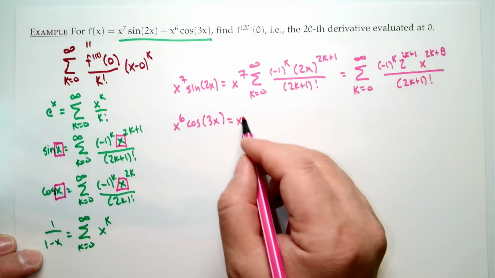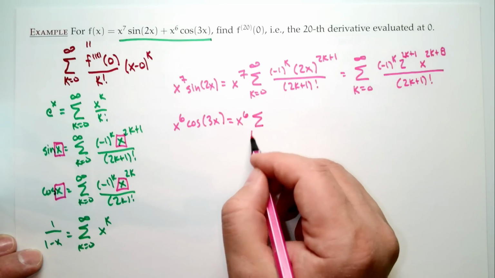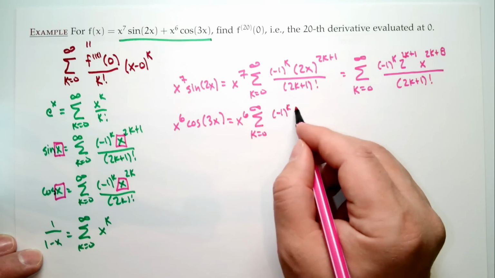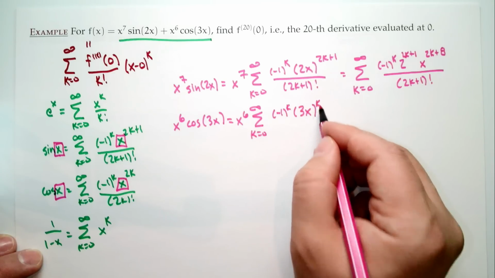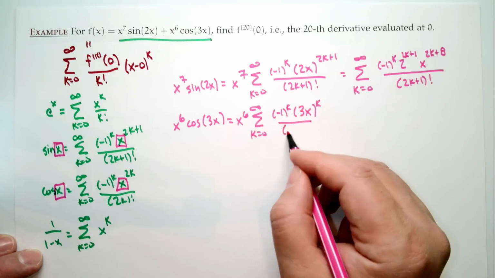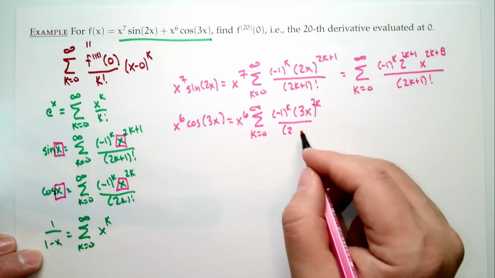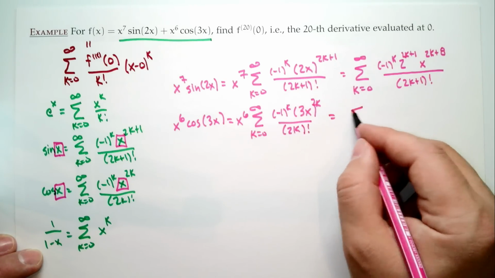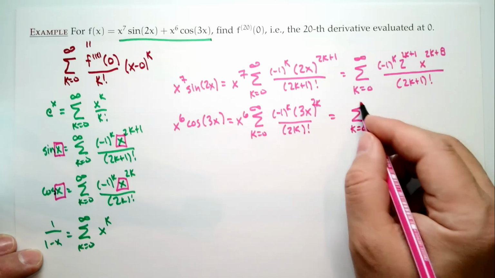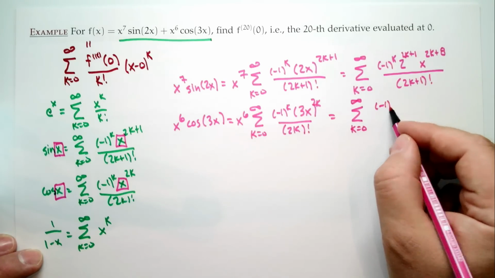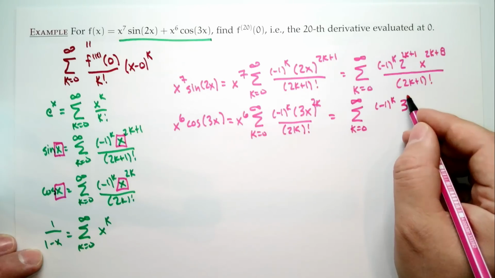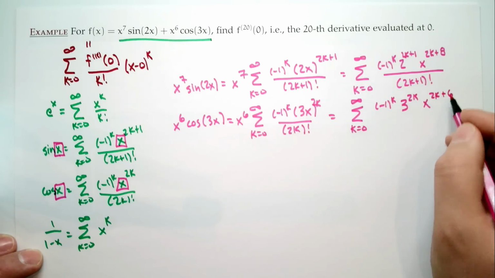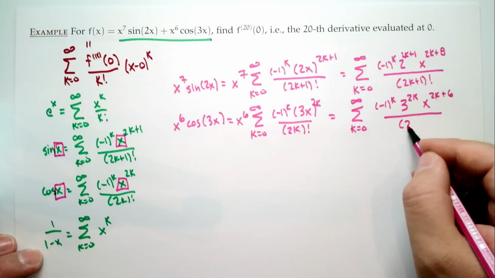So this is x to the 6, summation, k equals 0 to infinity, negative 1 to the k, 3x to the power 2k, divided by 2k factorial. So this becomes, multiplying the x to the 6 inside, negative 1 to the k, 3 to the 2k, then x to the power 2k plus 6, divided by 2k factorial.